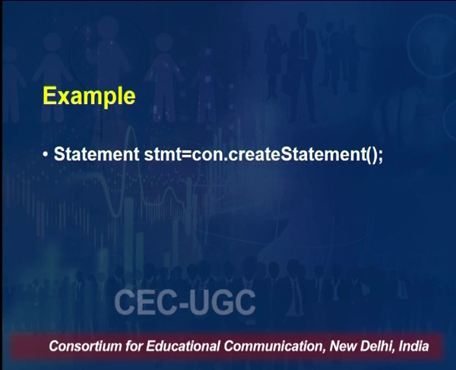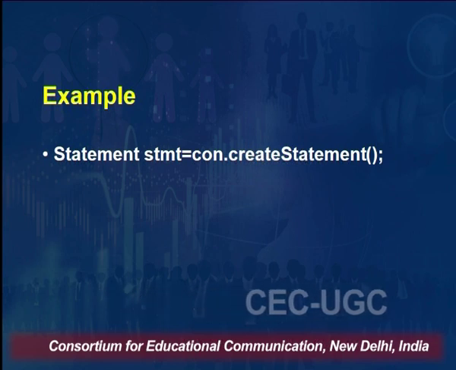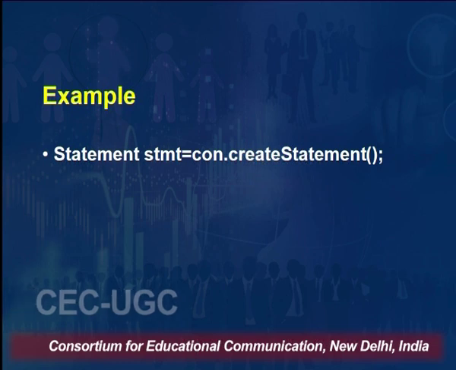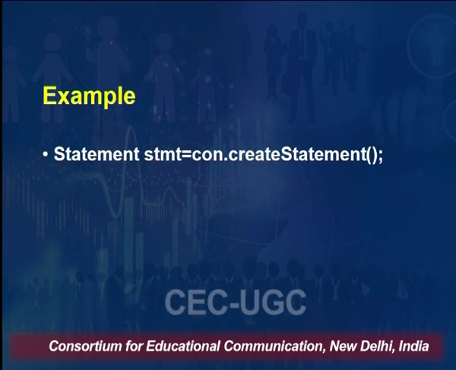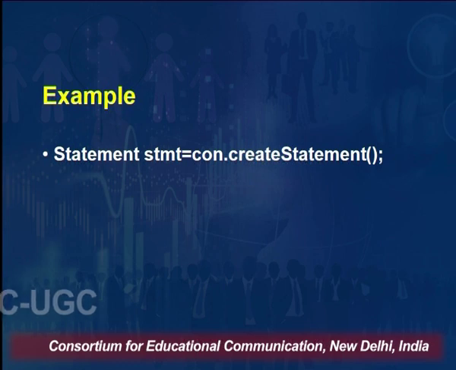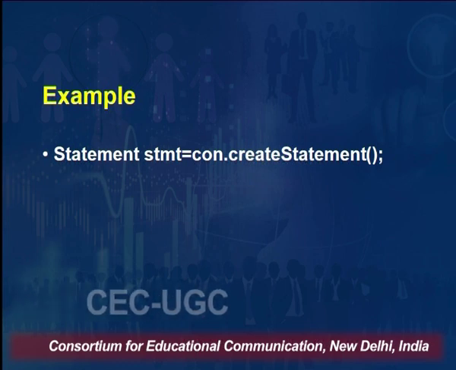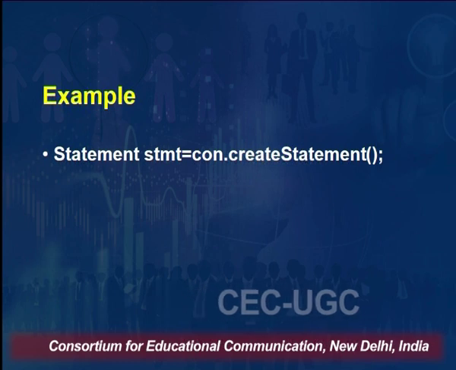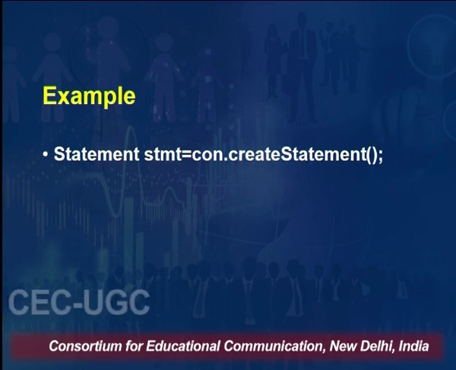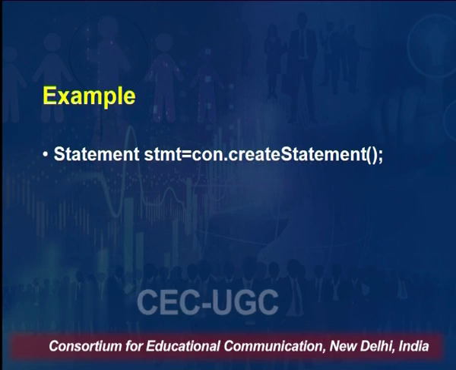And the example here is: Statement stmt, stmt being the name of the object, equals conn.createStatement(), and this conn is actually the reference variable of the Connection interface. Sorry, that was not the class but the interface. So, that reference variable of that interface was created in the previous step and named conn, and the createStatement method is being used with the help of that reference variable.